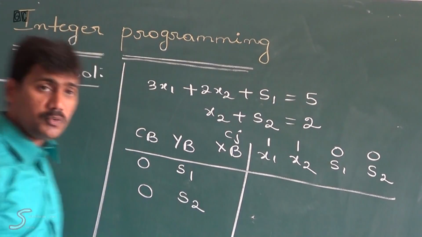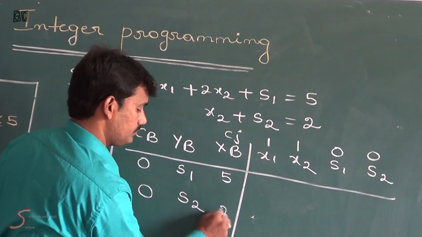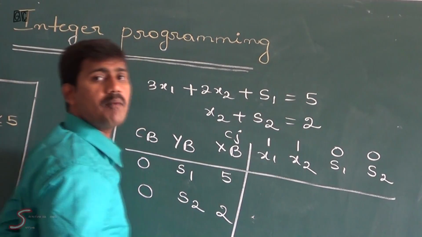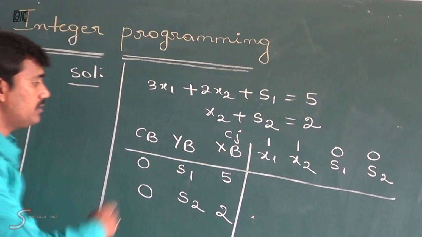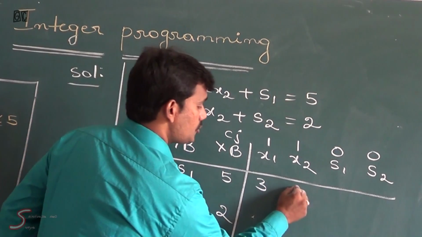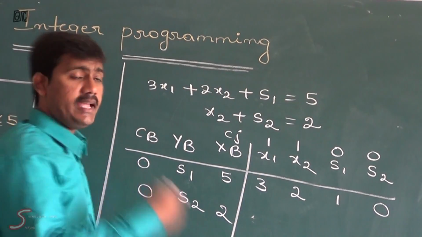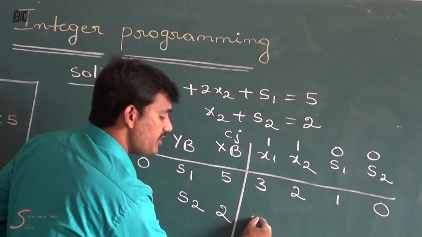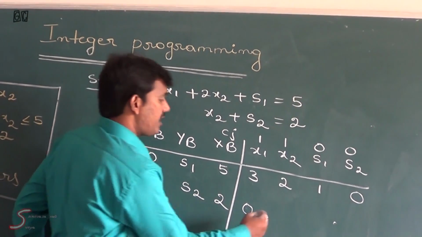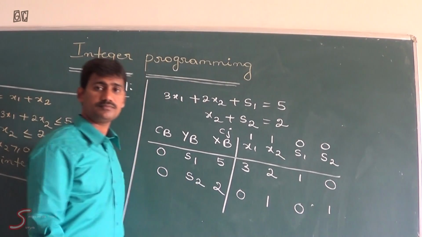Now xb equals b, that is 5 and 2. Now I am going to represent the coefficient matrix here. For x1 we have 3, for x2 that is 2, for s1 we have 1, and we don't have s2. In the second equation we have x2, so we don't have x1, that is 0, x2 is 1, s1 is 0 and s2 is 1.